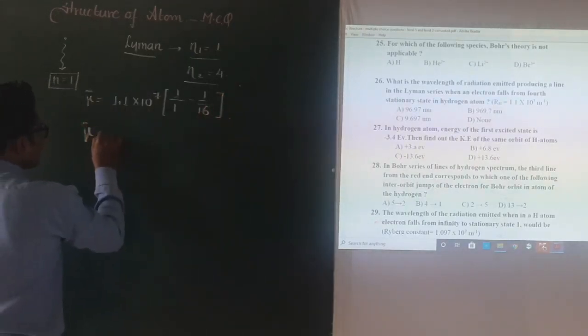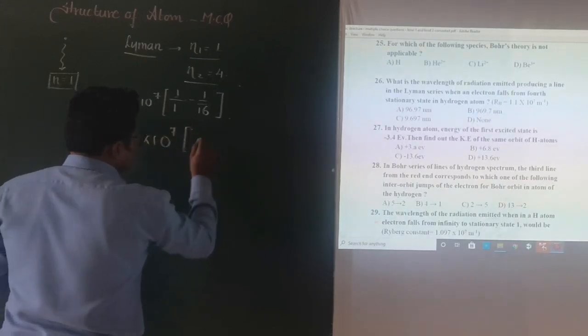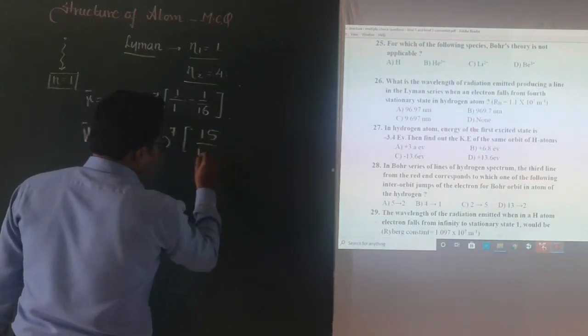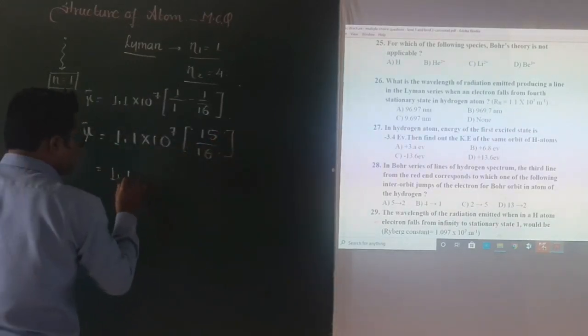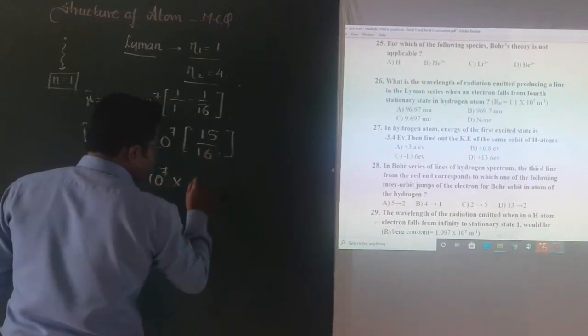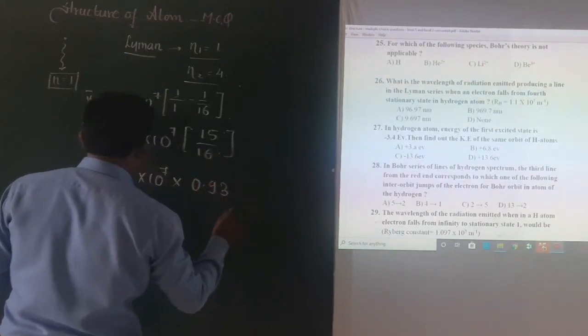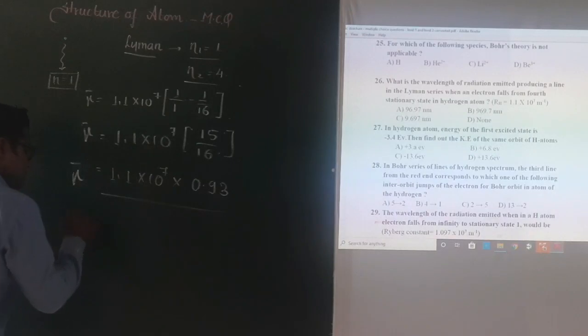So 1.1 into 10 raised to 7, 15 over 16. 15 divided by 16, you are going to get 0.93 approximately.